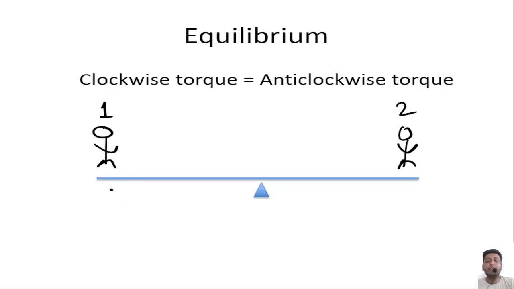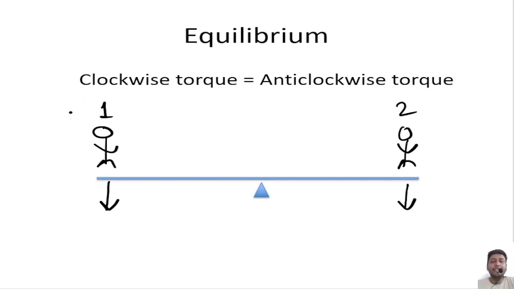The weight of person one will act in this direction and the weight of person two will act in this direction. Now you think whether the weight of person one will bring clockwise movement or anti-clockwise movement. Pause the video and think.